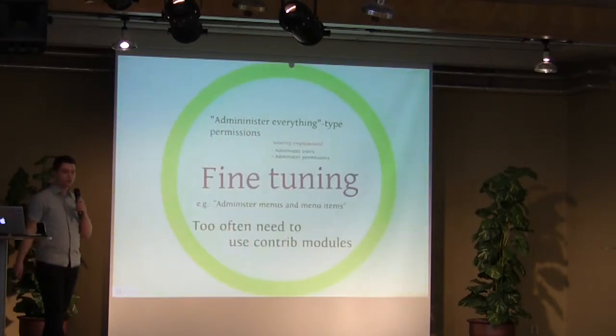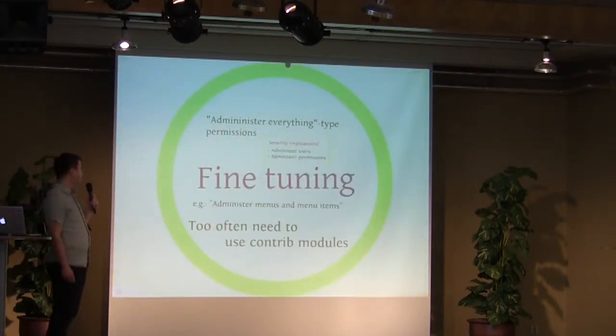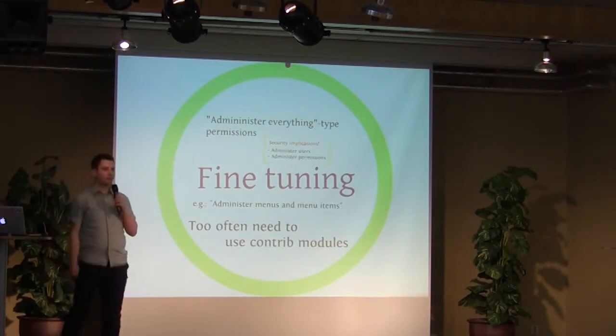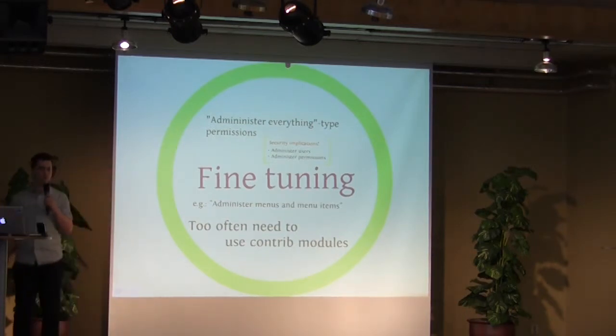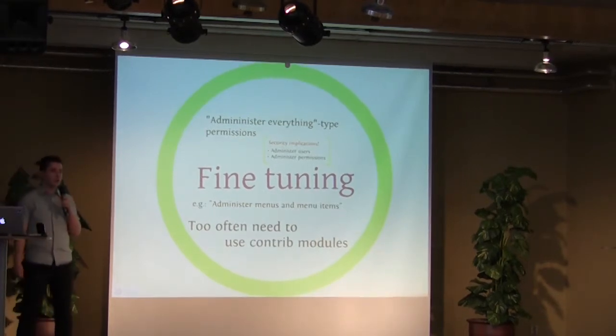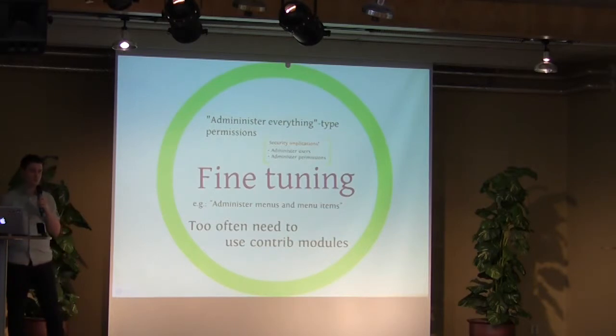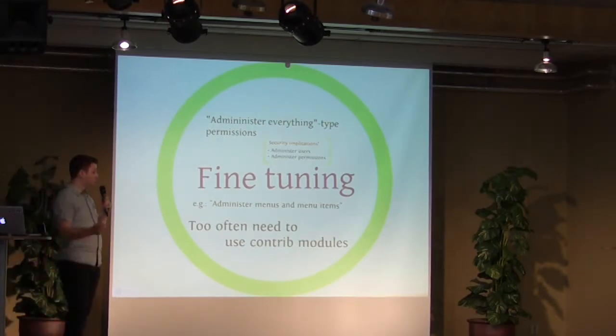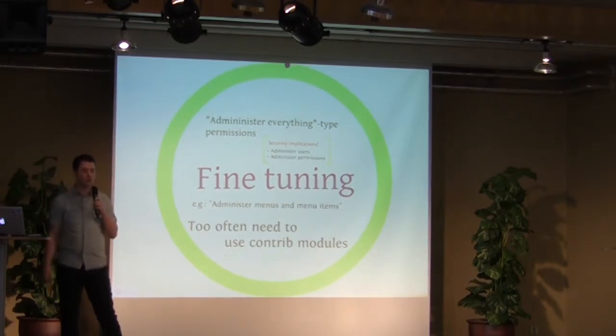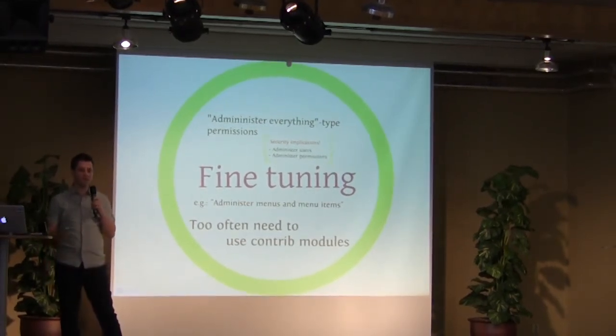The next big issue is fine-tuning. Let's just think about a really easy use case. We have a few menus in our Drupal website, and we would like to allow our users to administer those menus, but we want to specify which menus exactly. So the idea is that, okay, we have the menu module in core, so let's go to the permission screen and configure this.